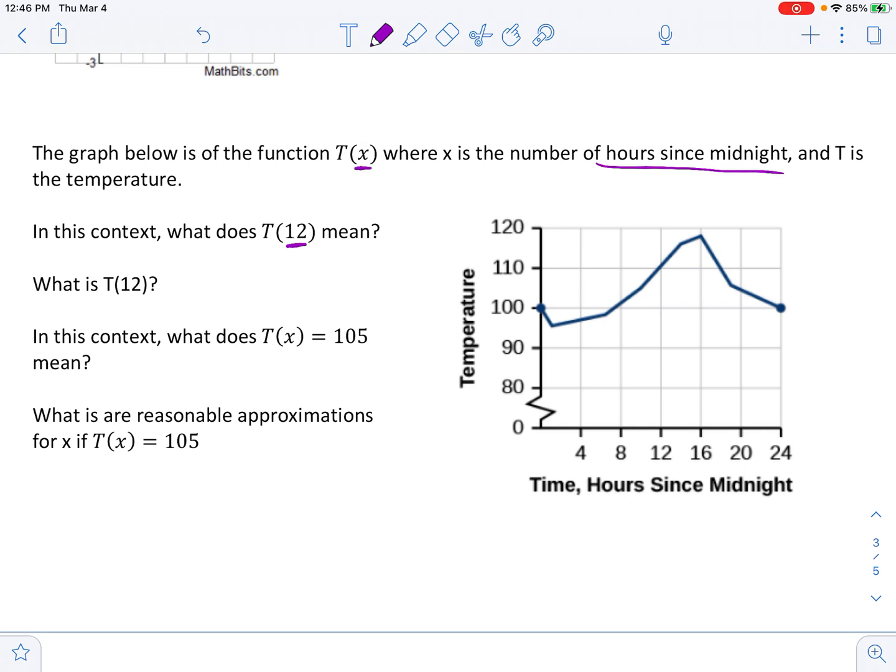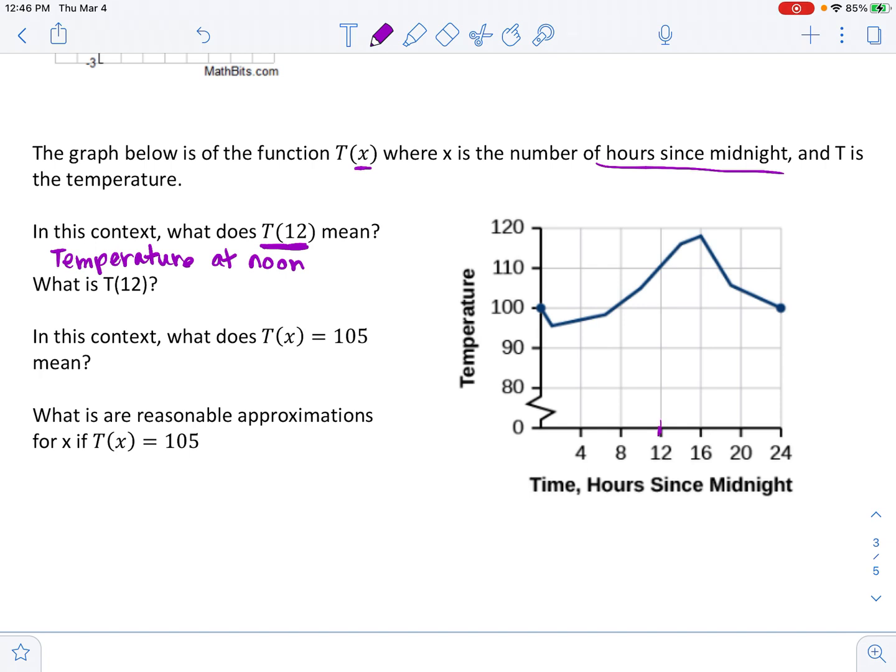And x is the number of hours since midnight. So that tells us that we are 12 hours from midnight. What's 12 hours from midnight? Oh, it's noon. So this t of 12 means the temperature at noon. And what is the temperature at noon?